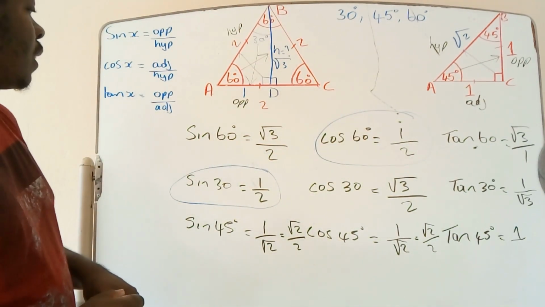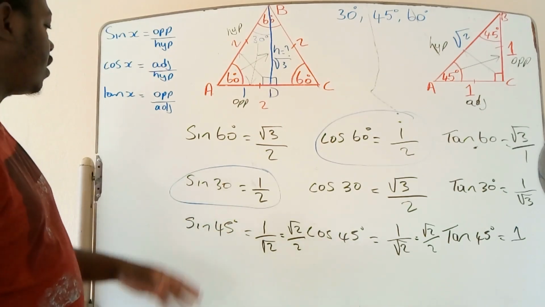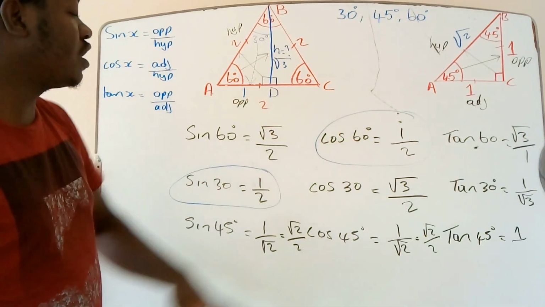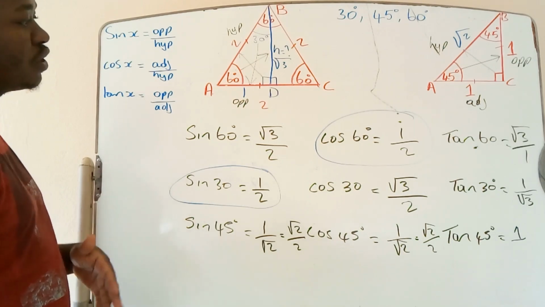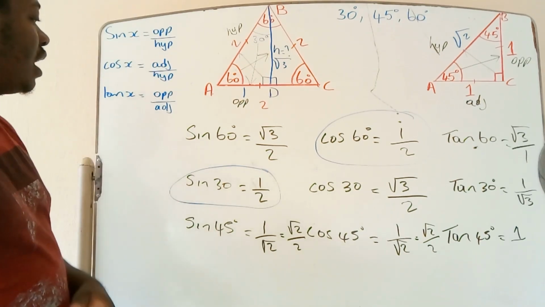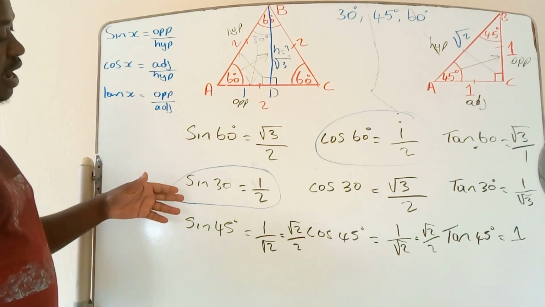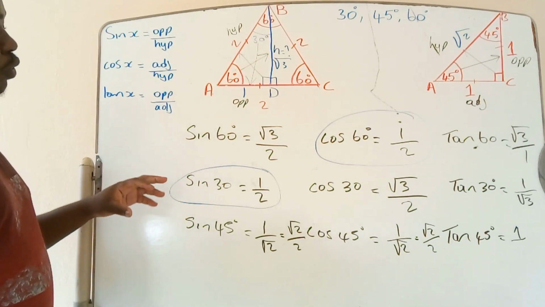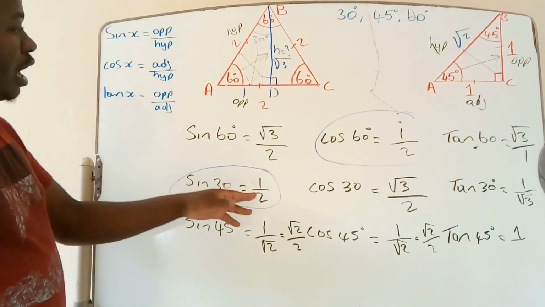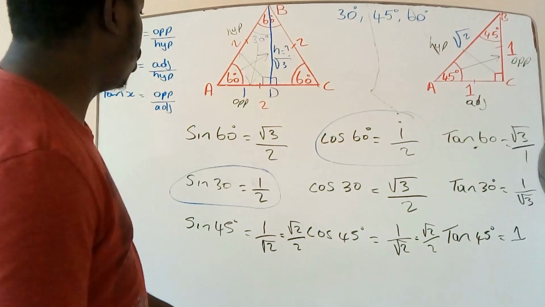What is that saying? These two angles, 30 degrees and 60 degrees, sum to give 90 degrees, which means that they are complementary angles. So once you find the sine of an angle and the cos of its complementary angle, they will always give the same value.